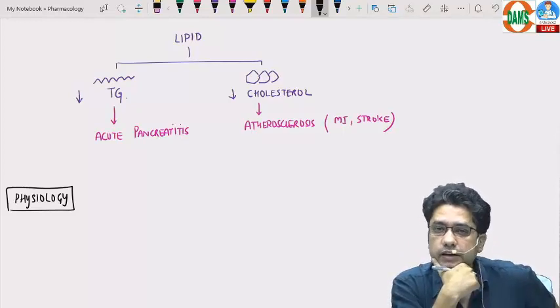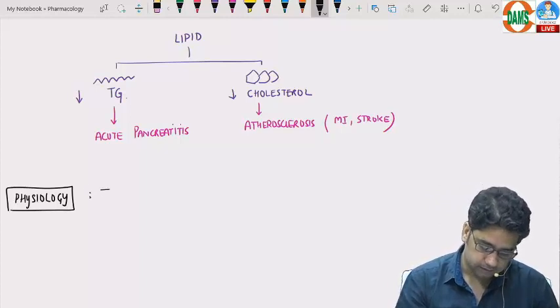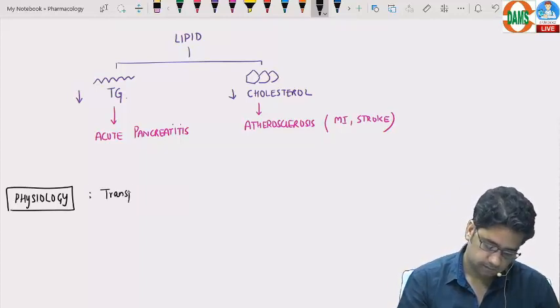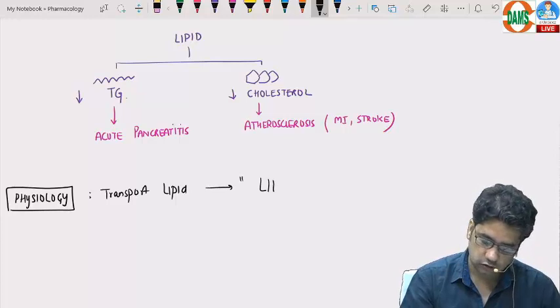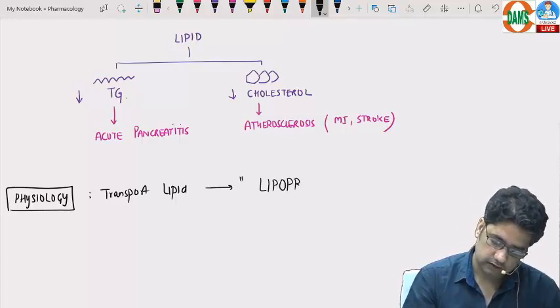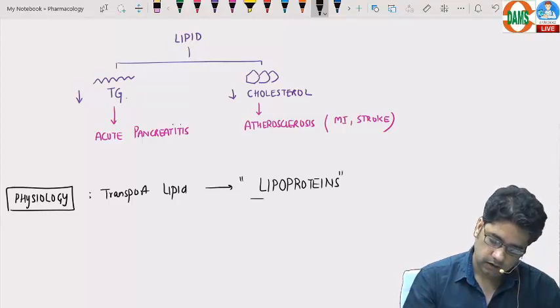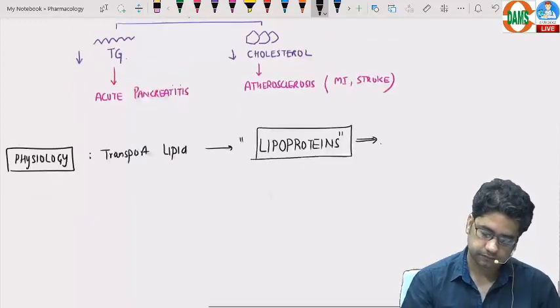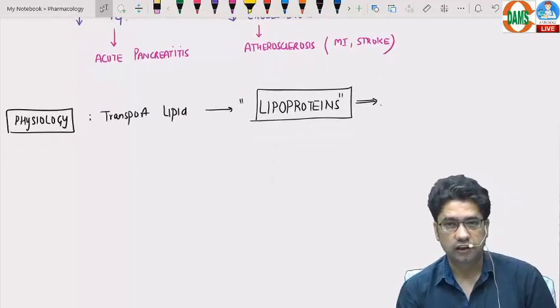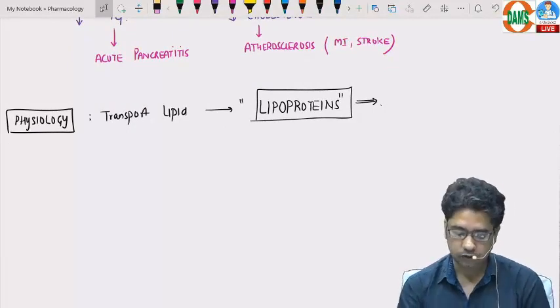We know that blood is a watery media. Remember, to transport these lipids, we need help of certain proteins known as lipoproteins. So, to transport lipid in blood and lymph, which is a watery media, we need lipoproteins.